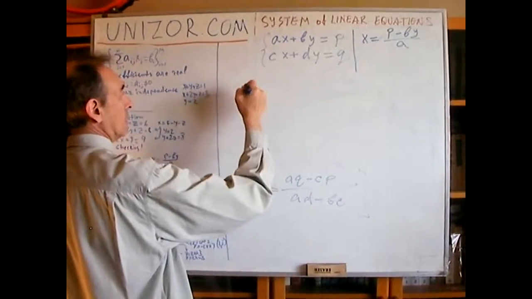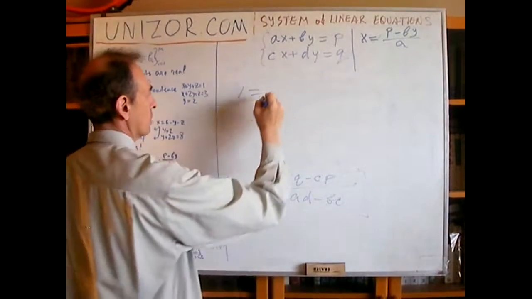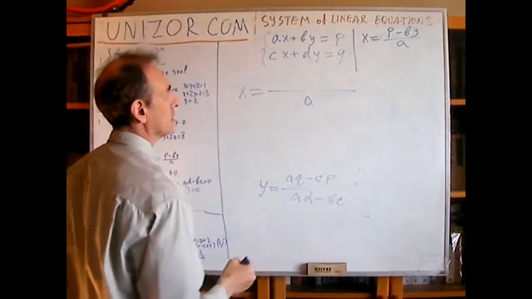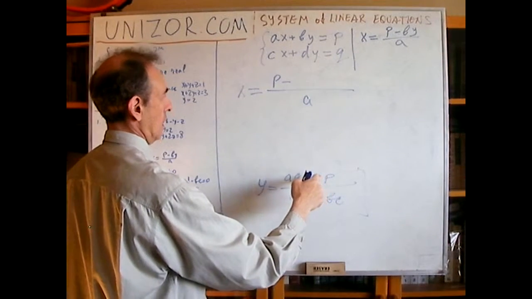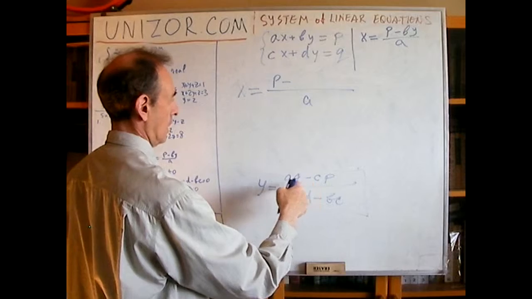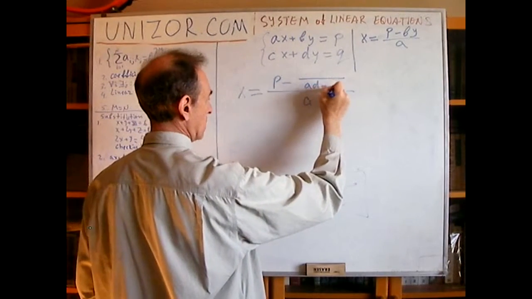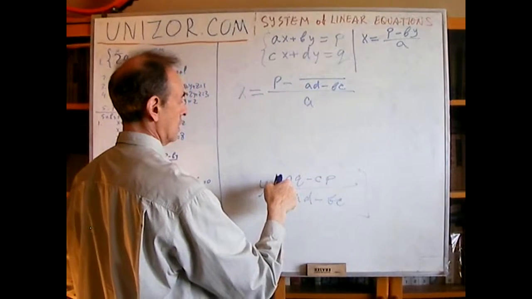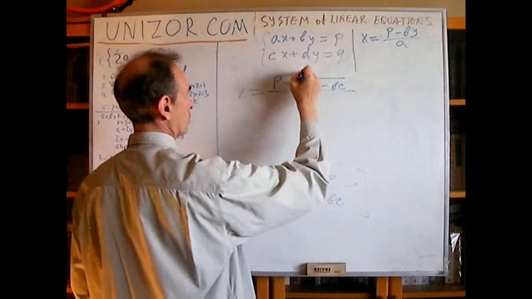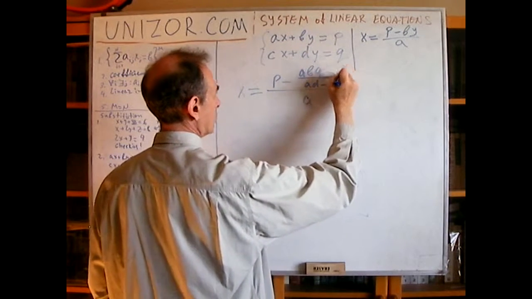y can be substituted into this. x is equal to p minus by, all divided by a, and by is this, so it's ad minus bc, and b times y would be abq minus bcp.